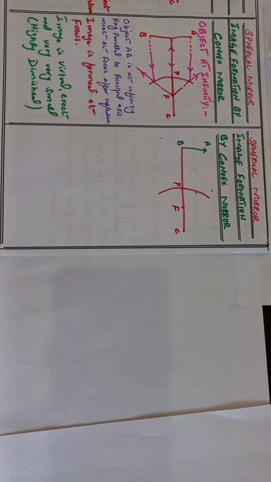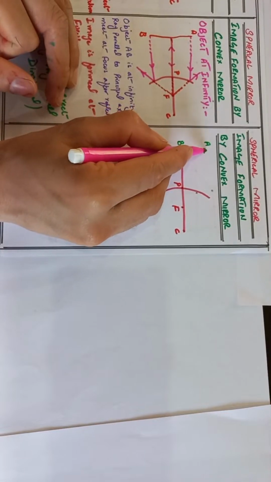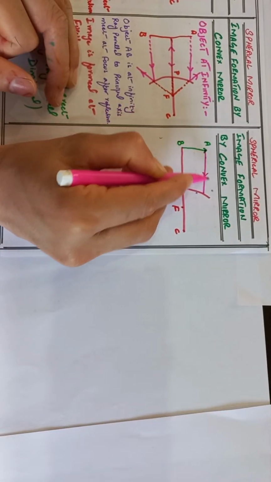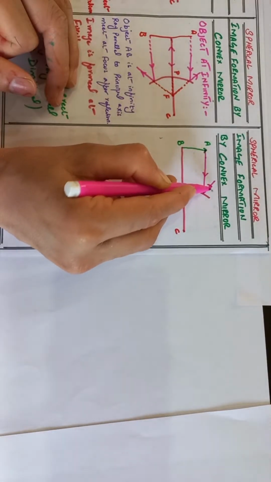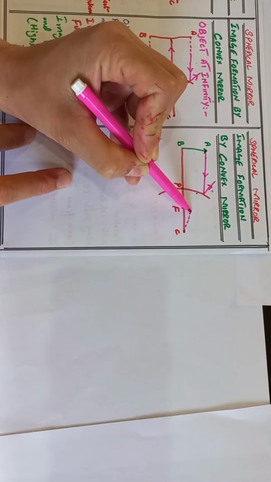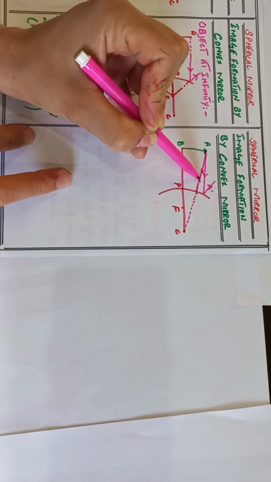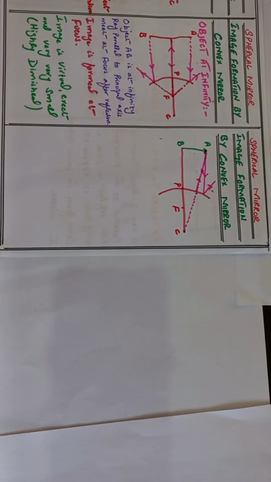Object that is AB. A ray that is parallel to the principal axis reflects after the reflection. We take another ray that comes from the center of curvature. It reflects back along the same path.